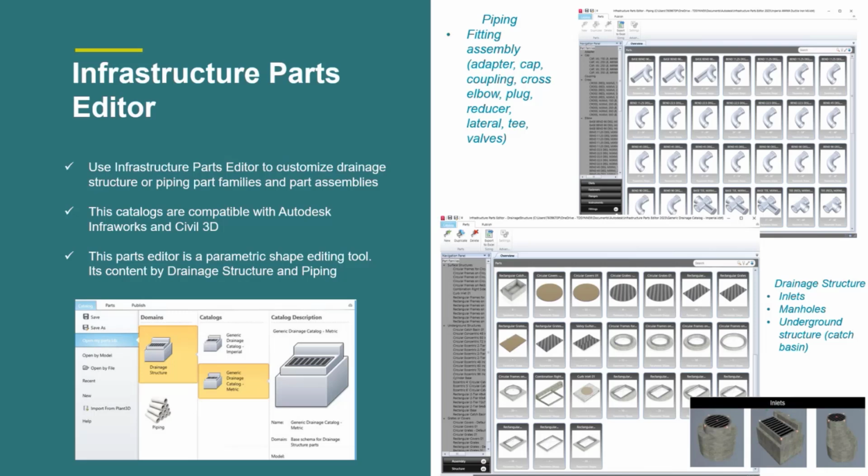If you are using Civil3D 2023, you need to download Infrastructure Parts Editor 2023 as well. This is very helpful to you in terms of drainage structures and also piping.